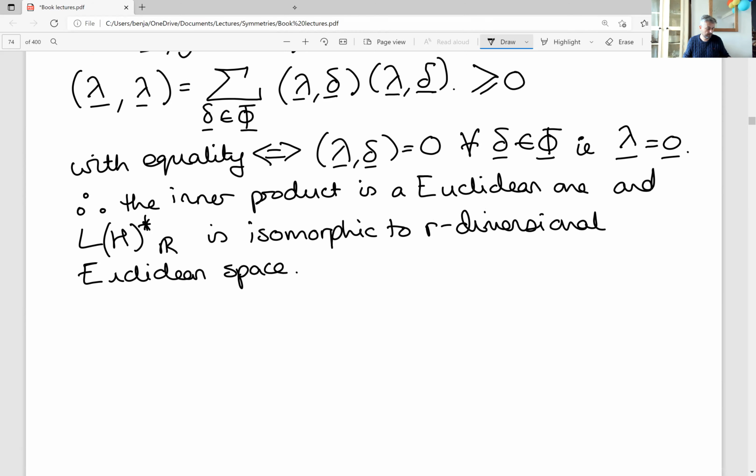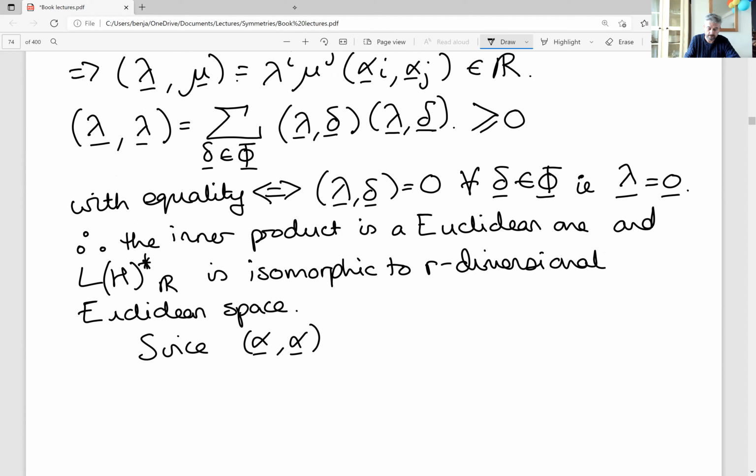Okay, good. Now, since alpha comma alpha is bigger than or equal to 0 for all alpha in the root set, we can define the length of a root.